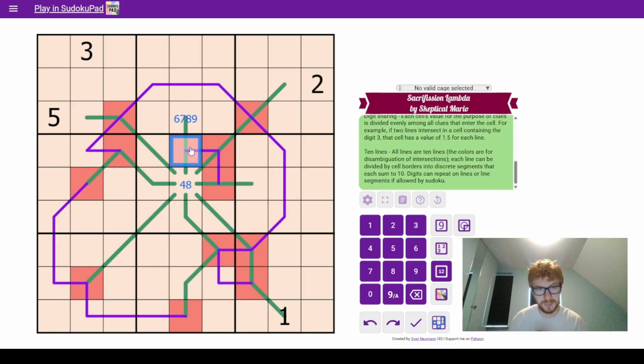Now, this line is interesting because each of its numbers is divided by 2. So the sum of this, I mean the purple line, right? The sum of that purple line has to be 20 because every digit is divided by 2.